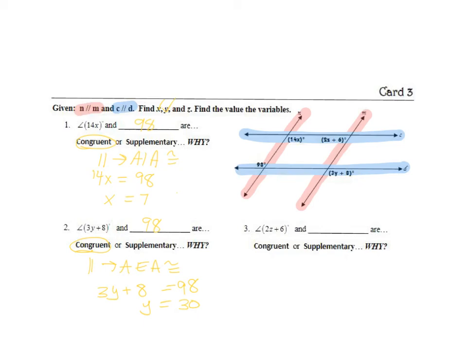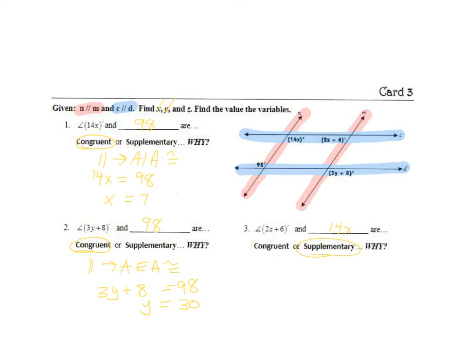The last thing here, we're looking at 2z plus 6. And we're looking for another connection to be made. If you look at the two red lines being parallel and the transversal being C, then we could see that 2z plus 6 and 14x are supplementary.